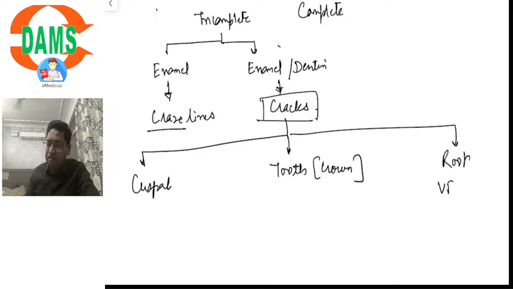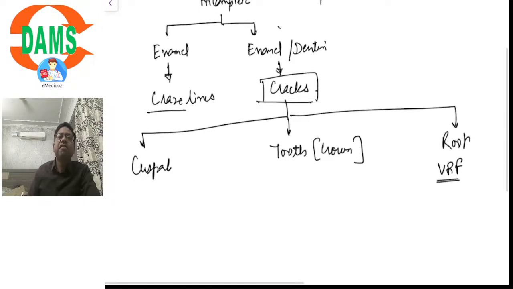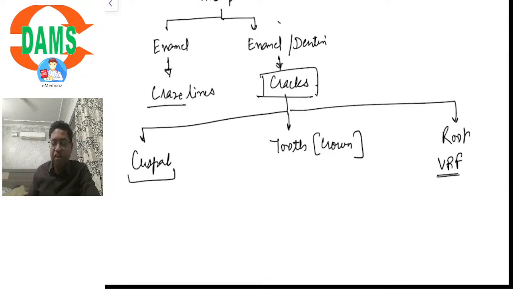Sometimes cracks originating from the root are called vertical root fractures. So in today's session, I shall be discussing cuspal cracks and fractures, tooth cracks and fractures, and vertical root fractures.